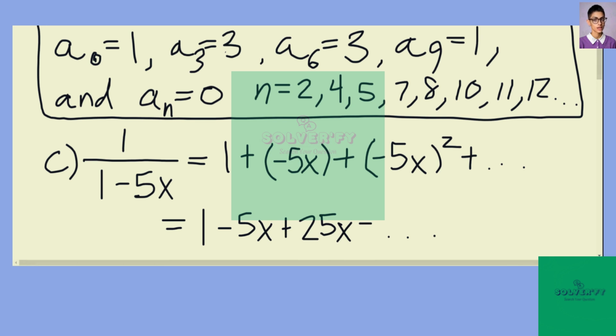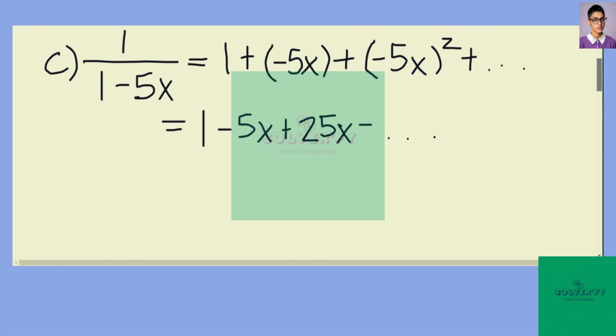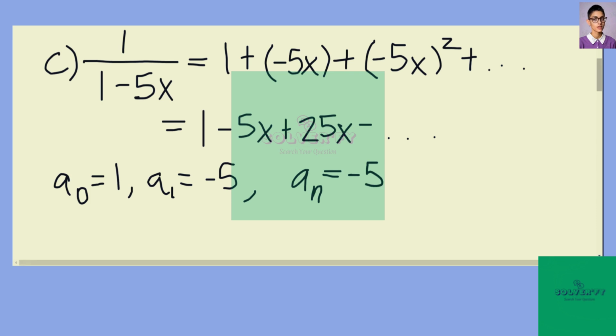And we have that the sequence corresponding to this generating function is one with a0 equals 1, a1 equals -5, and actually in general we have that an is going to be equal to (-5)^n for all n equal to 0, 1, 2, and so on.